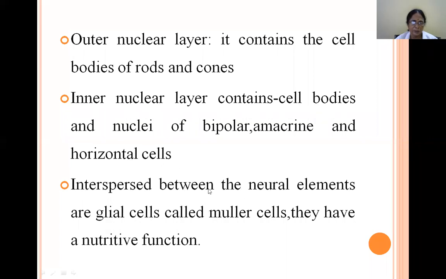Interspersed, that is, in between these cell bodies, the neural elements known as glial cells are present. They are also called Muller cells. They have a nutritive function. They provide nutrition to these cells.